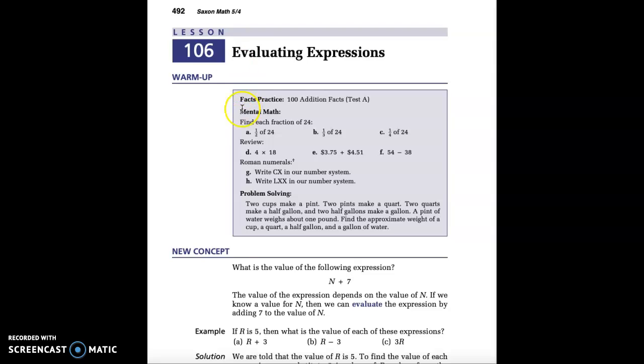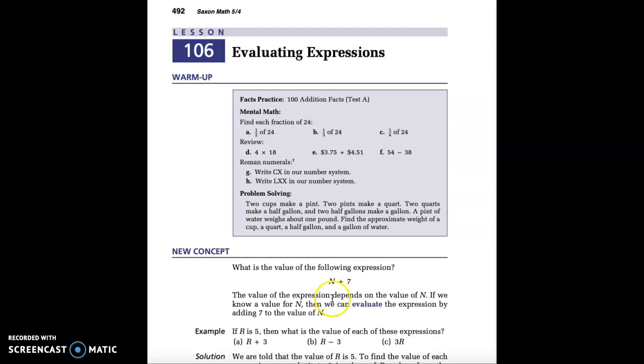So when we look down here at the new concept, and it says, what is the value of the following expression? Again, an expression is any combination of numbers and operations. So what is the value of the following expression? Well, we know that 7 is being added to an unknown value. So we don't know what this expression is equal to, but we can evaluate if we know the value of n.